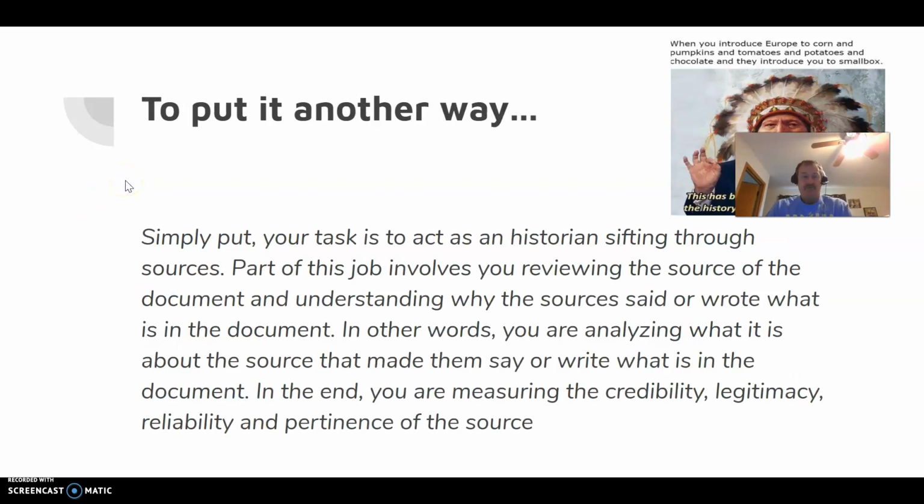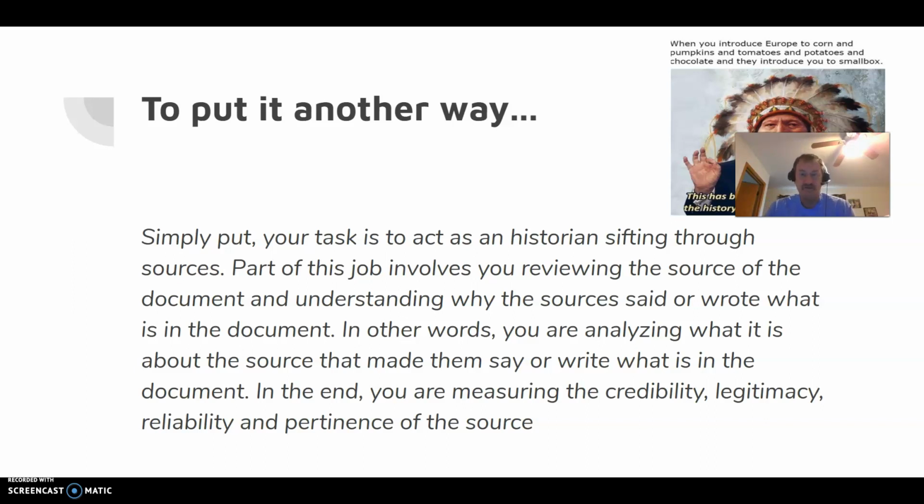All right. To put it another way, your task as an historian is to sift through the sources. Review the source, understand why and what and who. In other words, you're analyzing what it is about the source that made them say or write that. You're looking for credibility, legitimacy, reliability, pertinence.